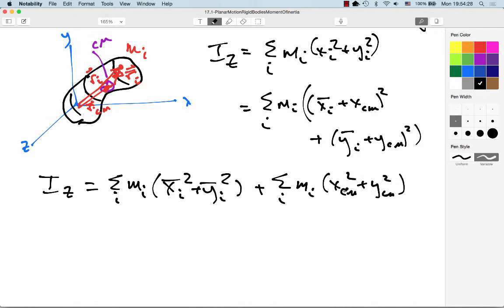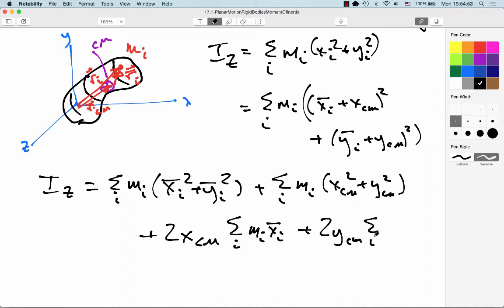Then I still have two more terms, the cross terms. I'll have a 2, and I can pull out the xcm because it's a constant, 2 xcm sum over i, mi, xi bar, plus 2 ycm sum over i, mi, yi bar.